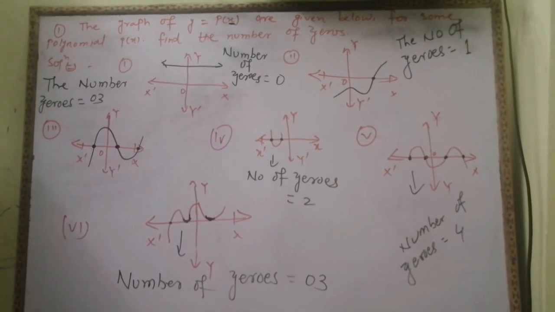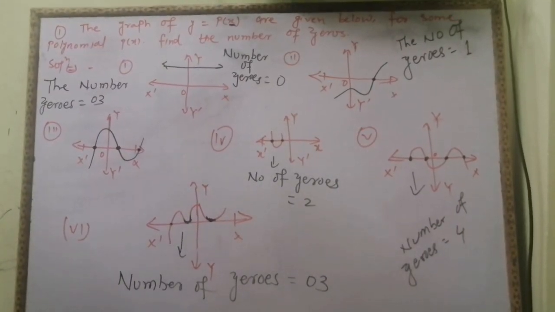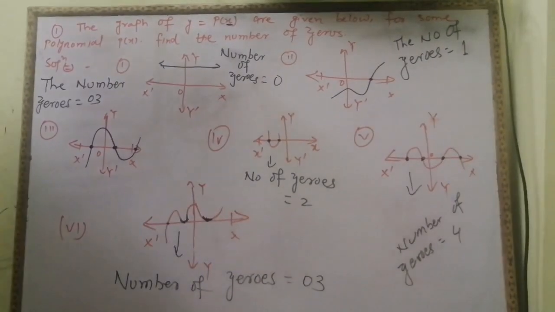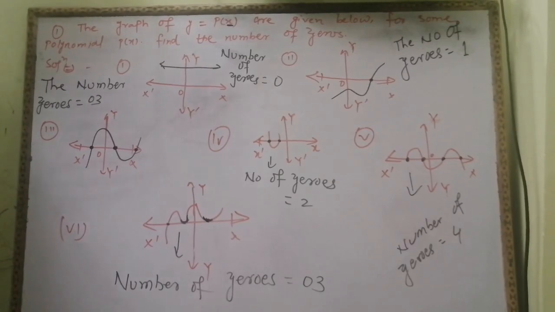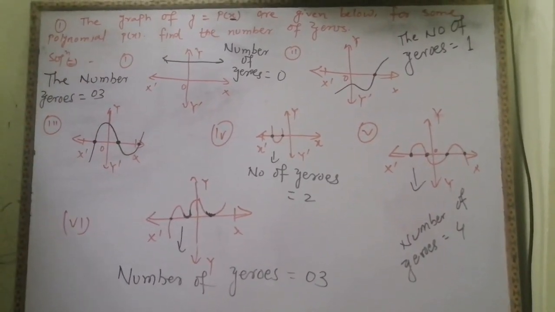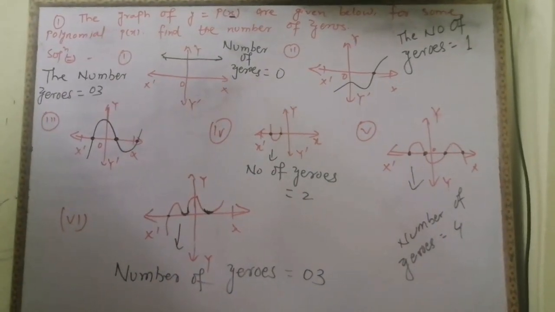There are 20 questions in the objective, so there is a chance that such types of questions will be there. So you must keep revising. You must know how to find the number of zeros with the graph. Now we will go for exercise 2.2.